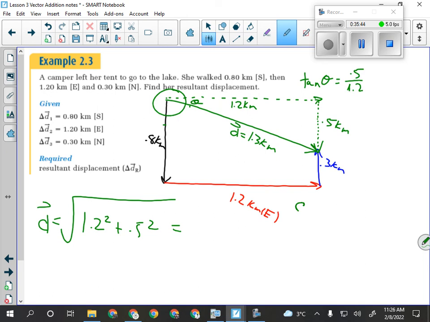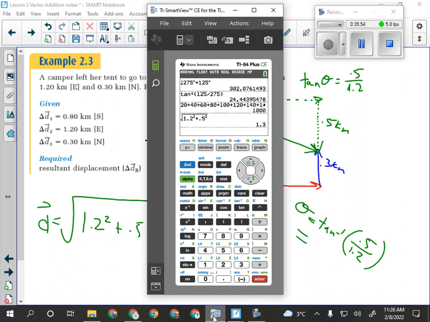I want to find theta, so that'll be tan to the minus 1 of 0.5 over 1.2. All right, so that is 23 degrees.